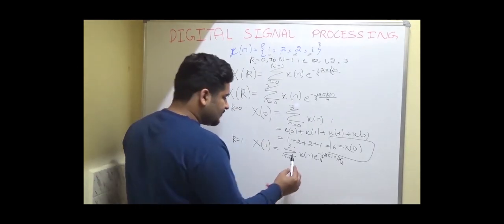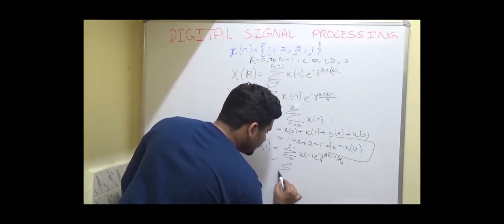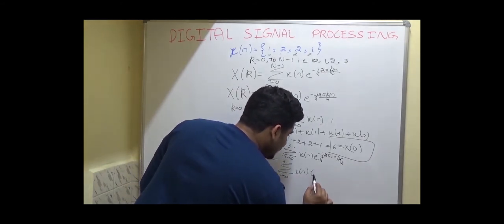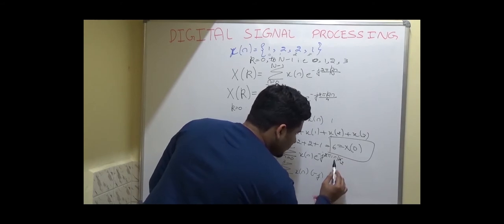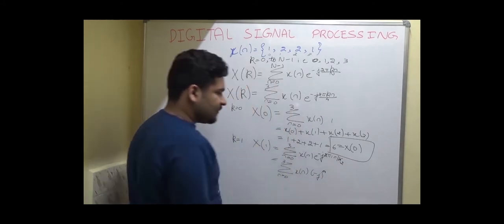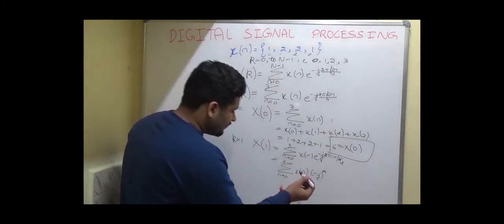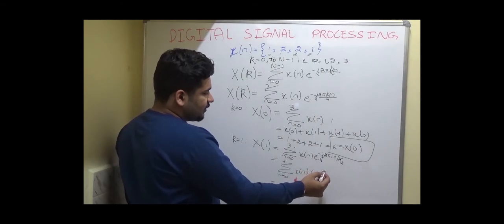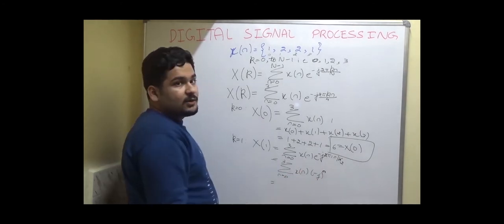Since I will be getting minus j, the formula becomes summation n varied from 0 to 3 x of n into minus j to the power n. This n will come here, that is, it remains. Now again I'll substitute the values of n, and accordingly minus j power will also vary.